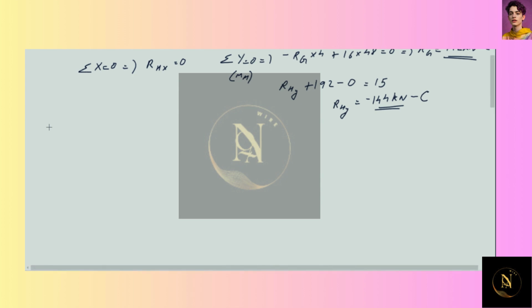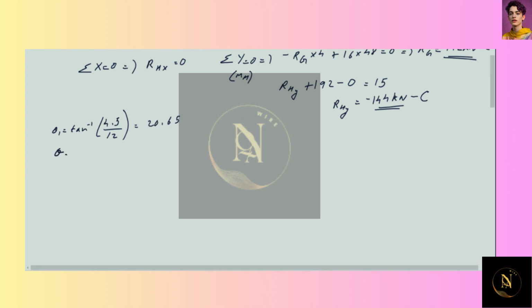Theta 1 will be equal to tan inverse of 4.5 divided by 12, that is 20.65.